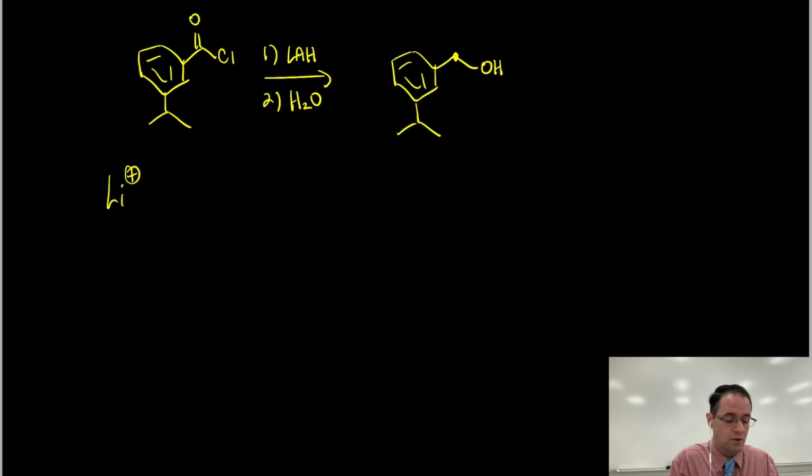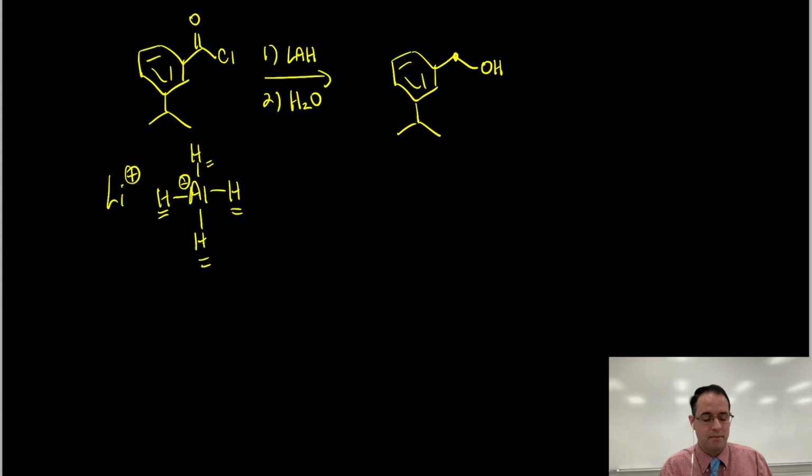You see, lithium aluminum hydride, as we saw, has 4 hydrides, and because of these multiple hydrides, you're going to add an extra amount to your starting molecule. So what they've decided to use is a mono-reducing agent.